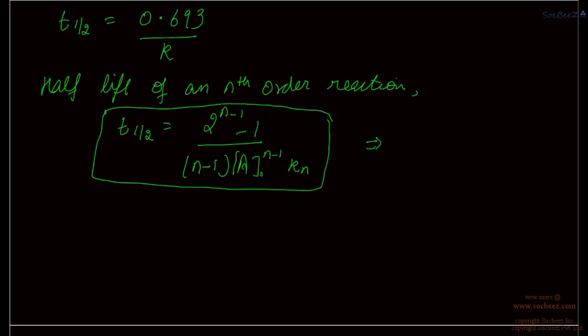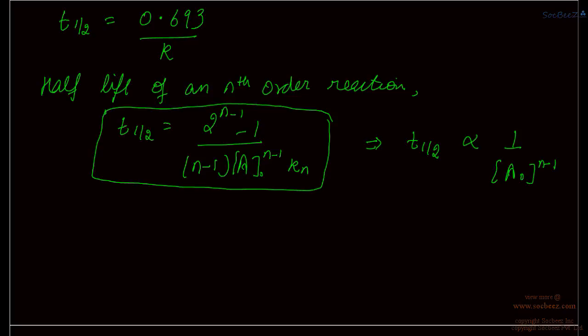So we conclude that the half-life of any reaction is inversely proportional to the initial concentration raised to the power n minus 1. Therefore, there will be different half-lives for two different initial concentrations for all reactions other than first order. In the case of a first order reaction, there will be a single half-life irrespective of the initial concentration.